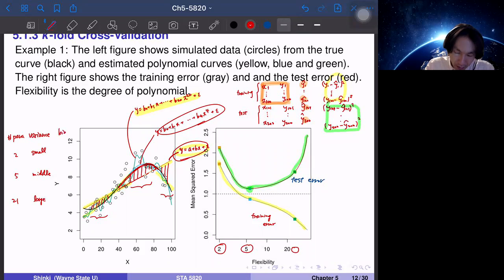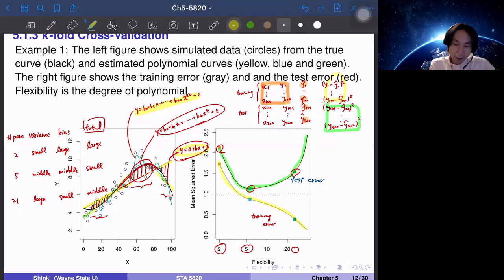And bias: this is large because it cannot represent this kind of curve, this is in the middle, and this is small. And in total, this is smallest, this is maybe the second smallest, and this is large.